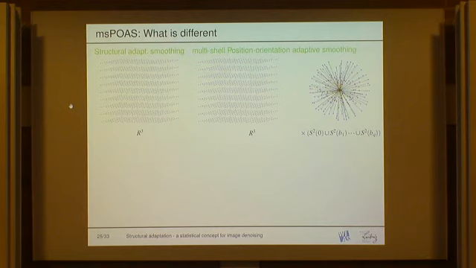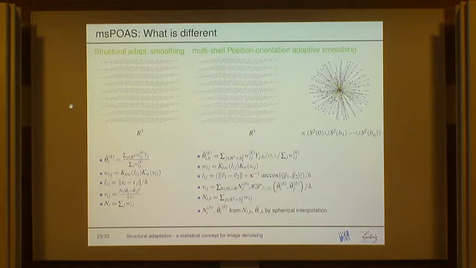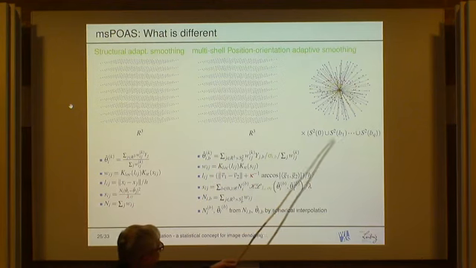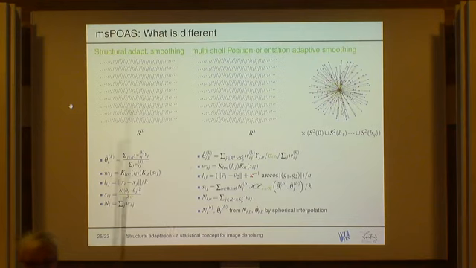Okay, so let's go back to smoothing. What's different here is that instead of 3D, you now have a location in 3D plus a location on the sphere corresponding to the direction.